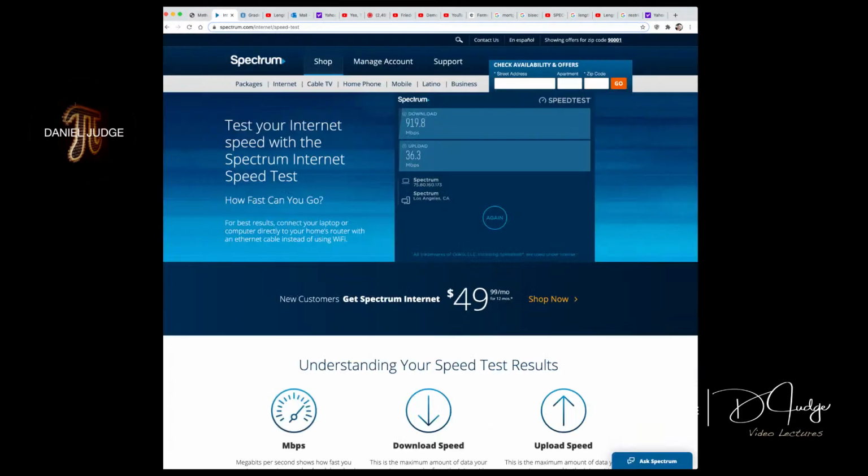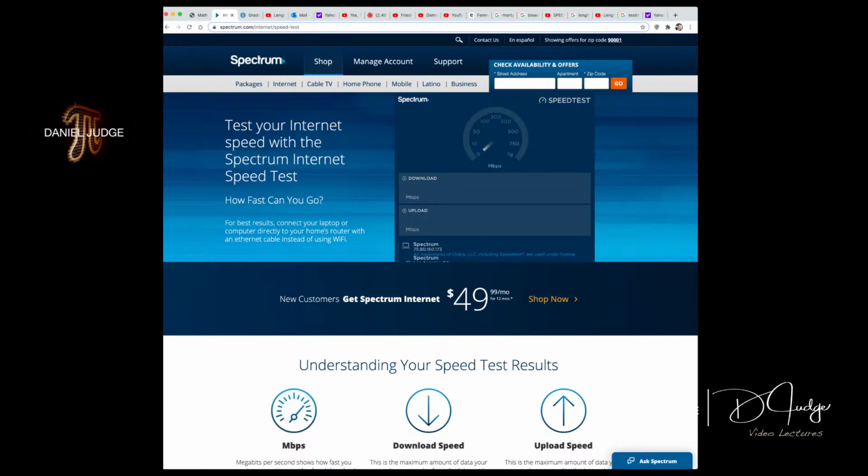We're also going to check our internet speed. Hopefully it's going to be just as good as what we've had all day long. Let's double check.